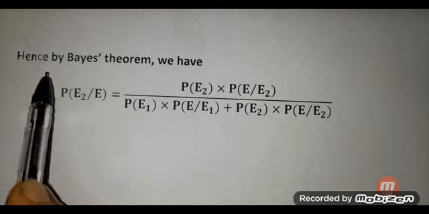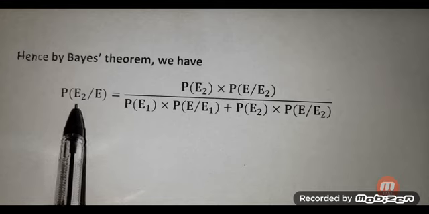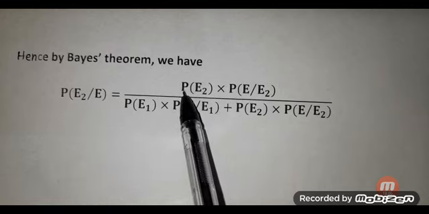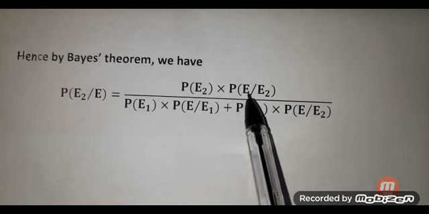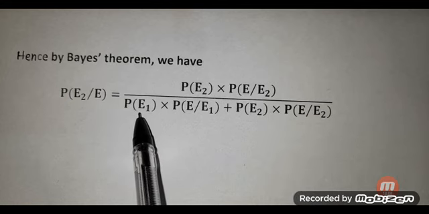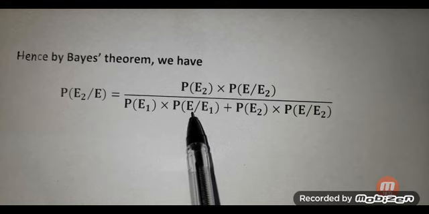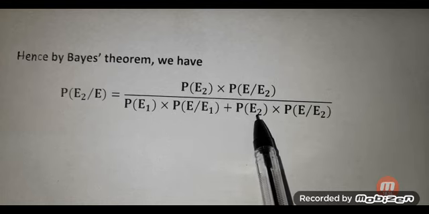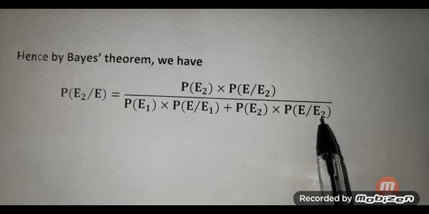Hence, by Bayes theorem we have P of E2 given that E is equal to the product of P of E2 and P of E given that E2, divided by P of E1 into P of E given that E1 plus P of E2 into P of E given that E2.